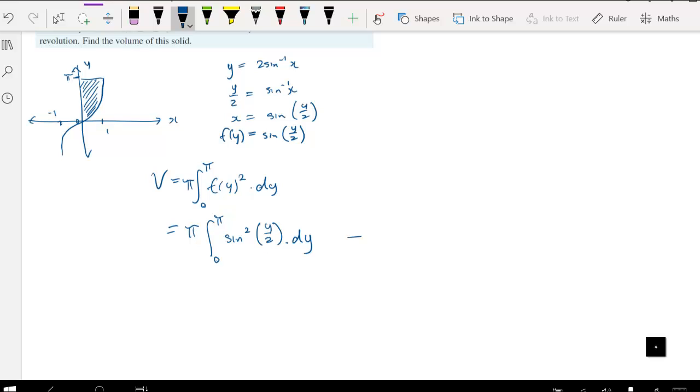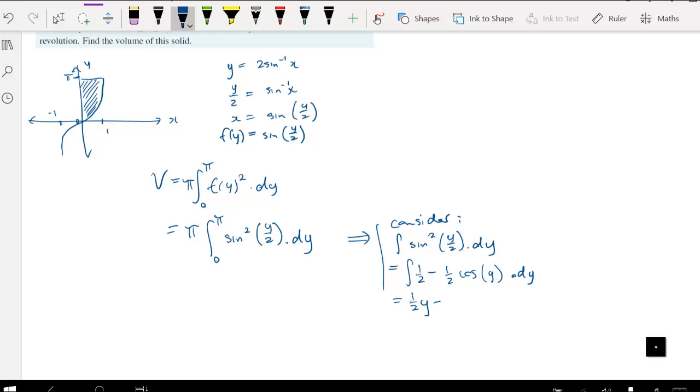Now obviously this is a more complex integral, so we can consider over here the integral of sine squared y on 2 with respect to y, and we can say that is the integral of 1/2 subtract 1/2 of cos 2 times a, and 2 times a will be 2 times y on 2, which will be just cos y with respect to y, and therefore this will be 1/2 y subtract 1/2 sine y plus c.